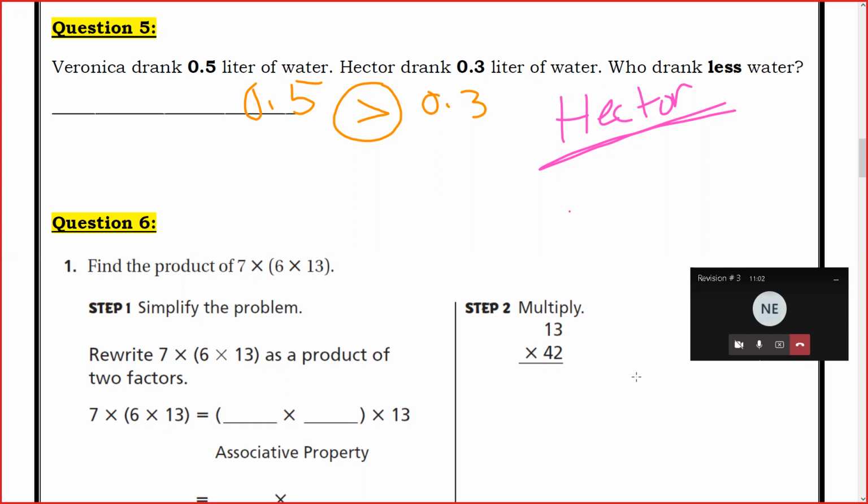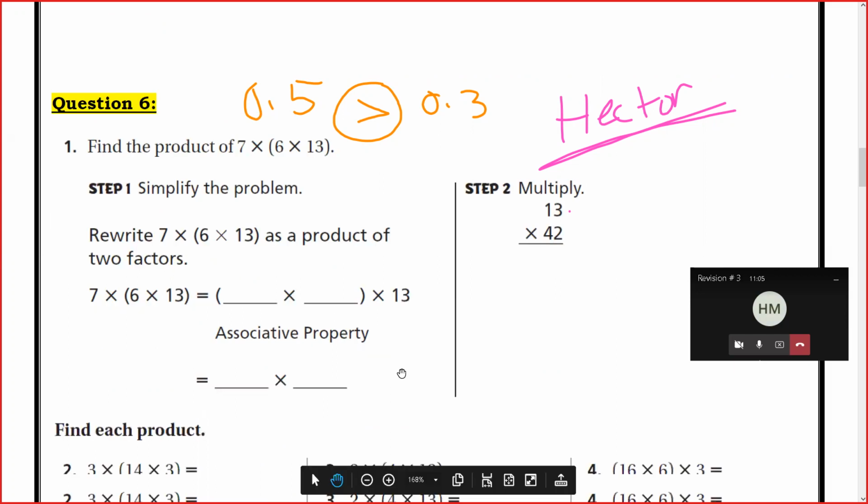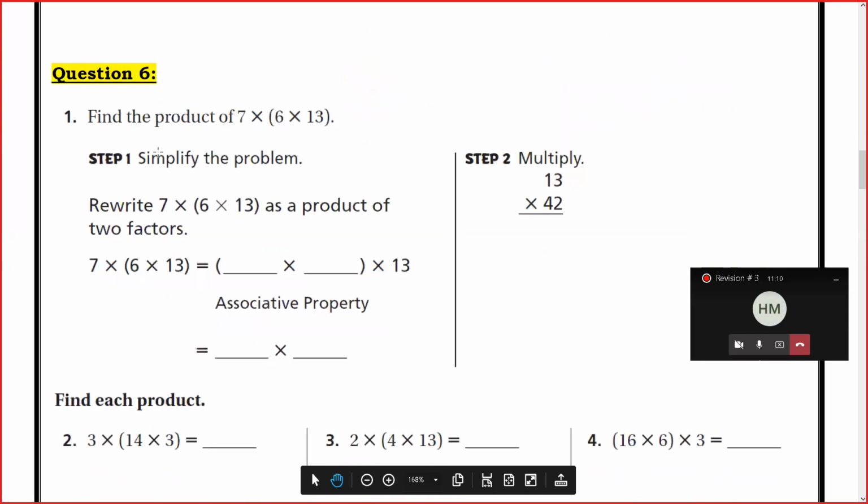Now, in question number 6 here, find the product of 7 times 6 times 13. Did you remember before that if you have 2 times 3 times 5?